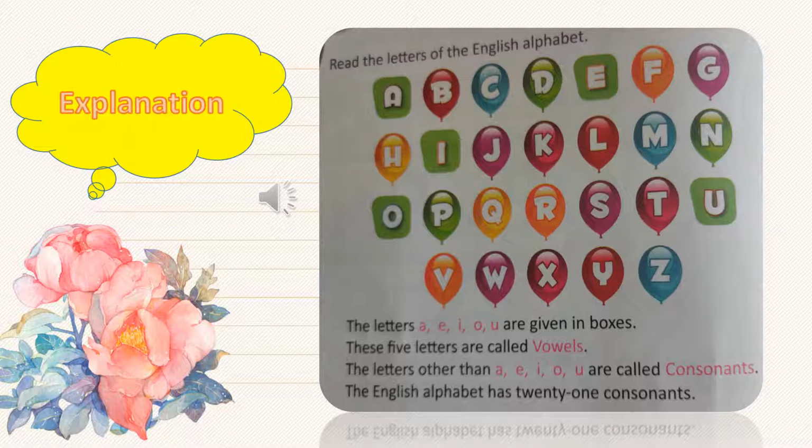Vowels are A, E, I, O and U. These 5 letters are vowels, and letters other than A, E, I, O, U are called consonants. The English alphabet has 21 consonants and 5 vowels.